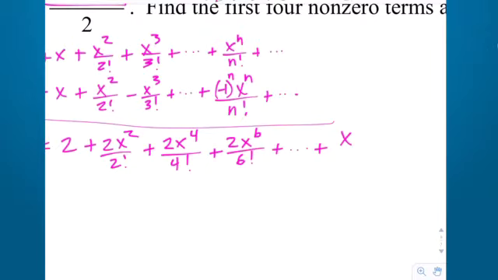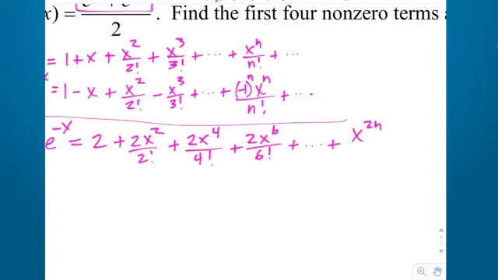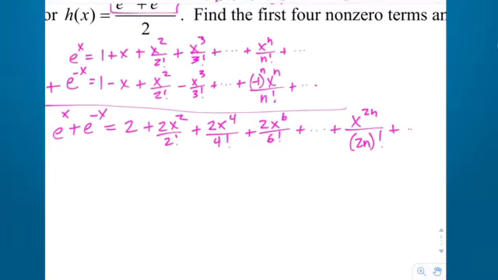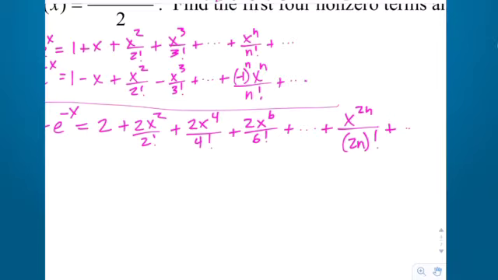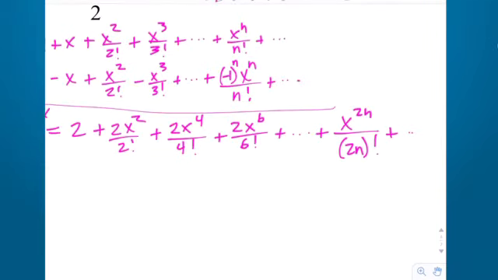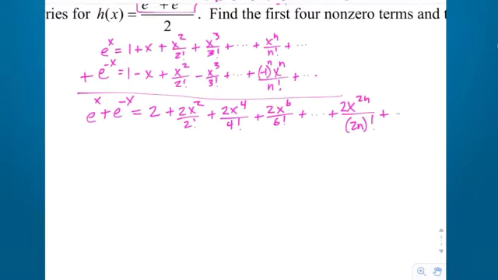So x to the 2n all over 2n factorial. There'll be a 2 up front, definitely. The 2 is part of it. And then, will the 2n generate the powers? When n is 0, I get x to the 0, so that would work there. When n is 1, I get x squared. When n is 2, I get x to the 4th. So it should work like that.